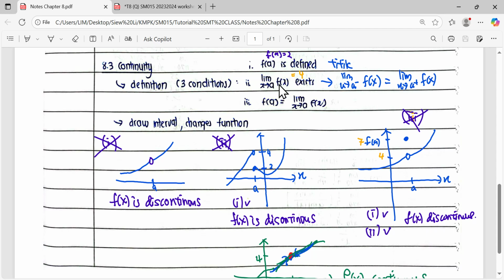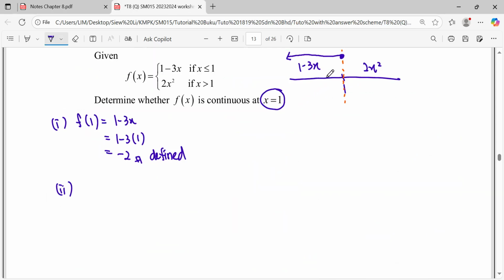To check whether the limit exists or not, we need to see whether the left hand side and right hand side are equal or not. When the graph gets near to it, the limit as x approaches 1 from the left hand side will be under the linear function. Then when x approaches 1 from the right hand side, it is under the quadratic function. Approaching means getting near to it, but not on the dot.